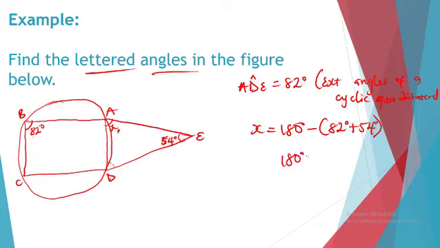So we have 180 degrees minus 82 plus 54. What do we have? We have 136. And when you subtract it from 180, we have 44 degrees. So X is equal to 44 degrees.